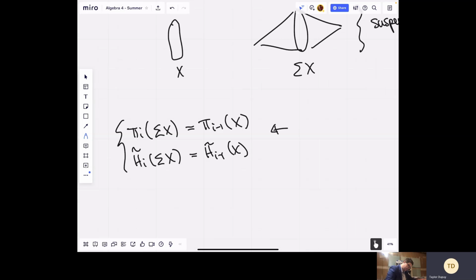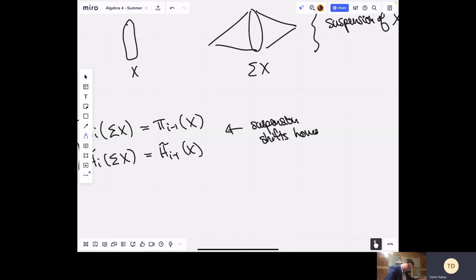Suspension shifts homotopy groups and homology groups.